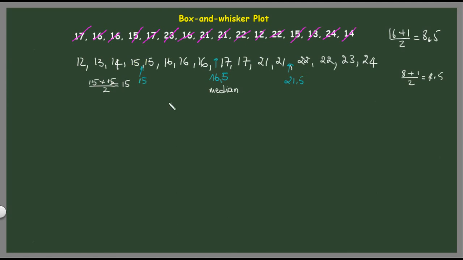Now, as you can notice, what we've got so far is that this here is called the first quartile. This is the first quartile. It means that from here to here, 25% of the data are in this portion right here.